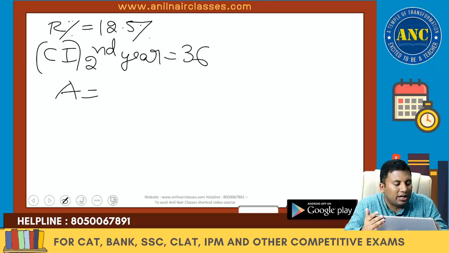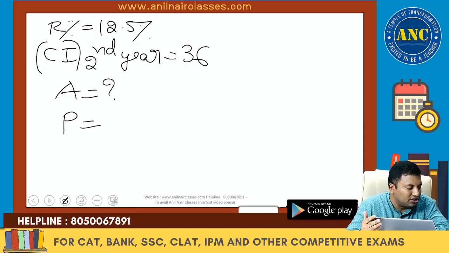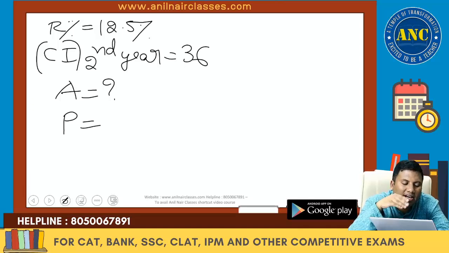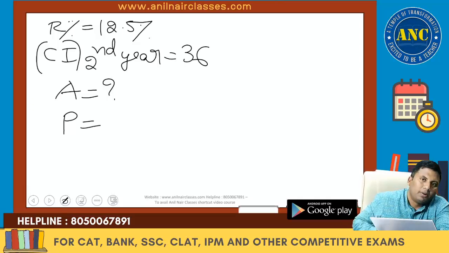Find the amount and principal. You can tell this answer. If you are good in SI and CI, please tell this answer. Any student, you can solve this question in 30 seconds. Please say this answer.